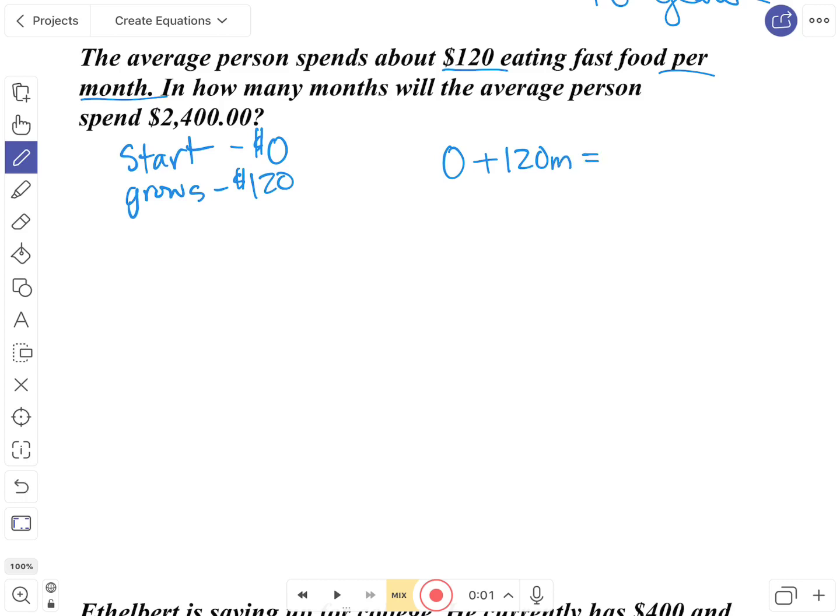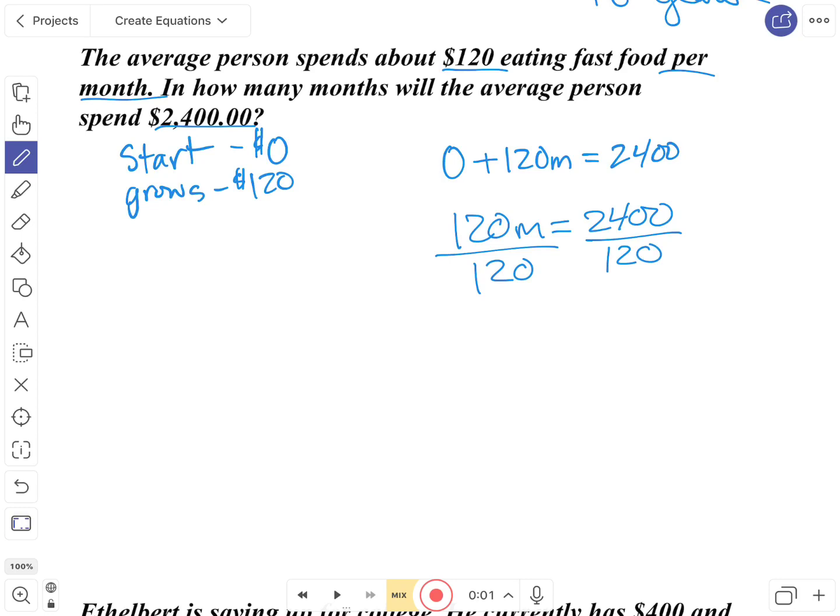And that's going to equal, in this case, 2,400, right? That's what we want to come up with. So there's an equation that would work for us. We could turn 2,400 into a variable if we wanted to. Adding 0 doesn't do anything, so basically we've got 120 per month to get to 2,400.